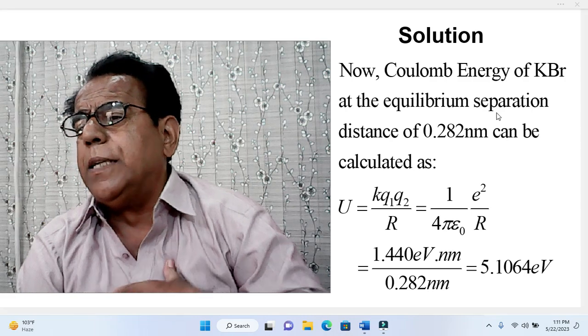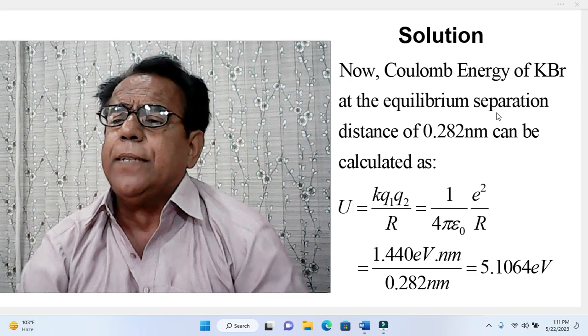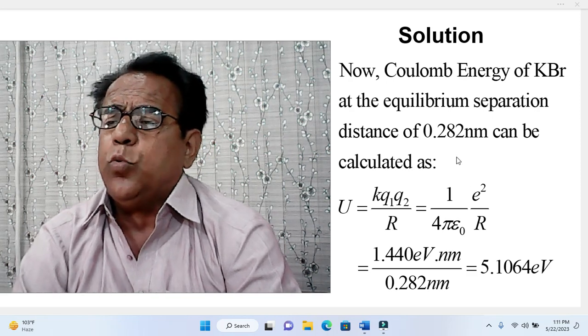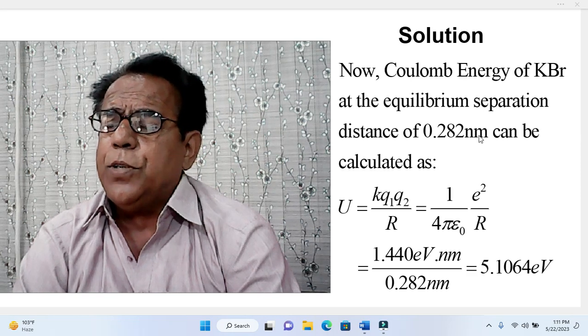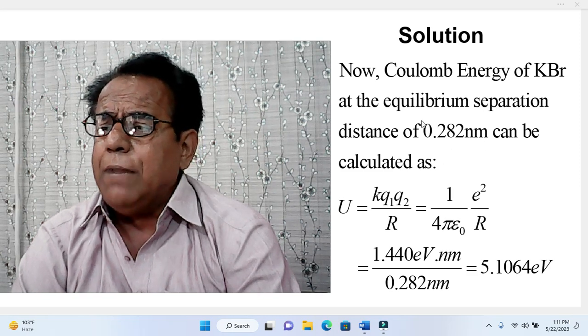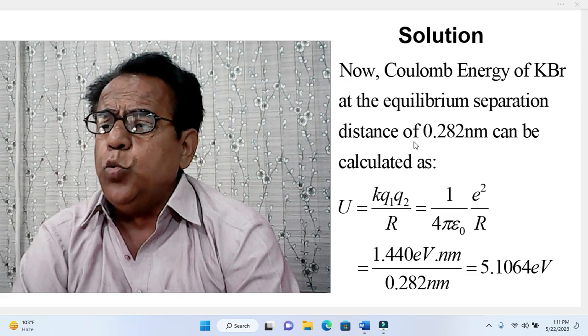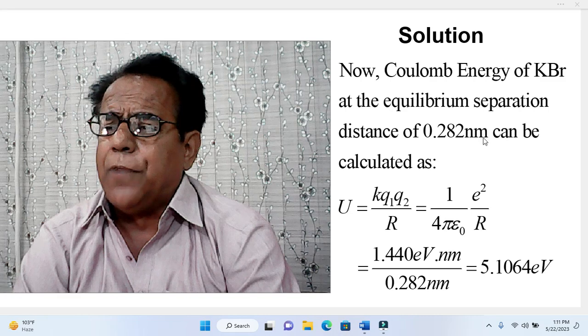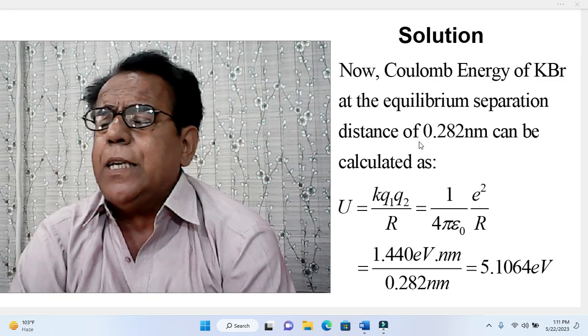The Coulomb energy of potassium bromide at the equilibrium separation distance of 0.282 nanometer can be calculated as follows. We have taken this value from the table. We have shown two tables, one from one book and its alternate version from some other book.